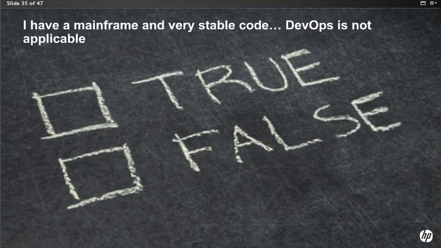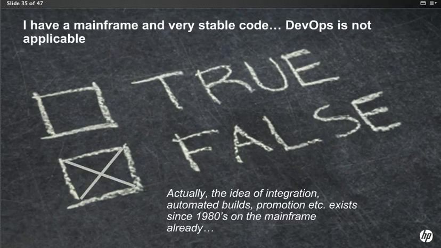The second one, which I heard very often: I have a mainframe and very stable code, therefore DevOps is not applicable in my case. But if we look at history, the mechanism to automate builds or promote new builds into the next stage has been there since the 1980s.